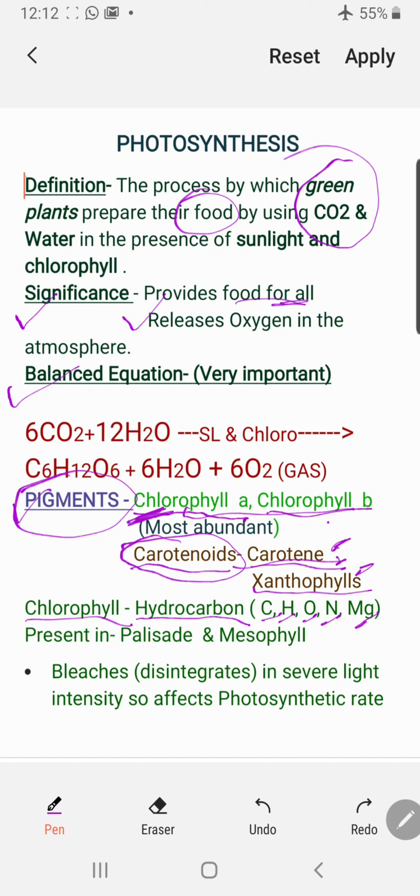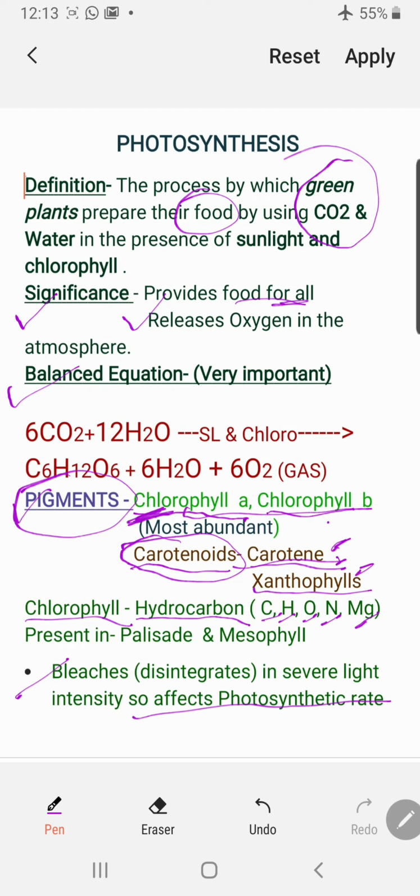Right, children? And for this video, the last topic here, it's just a note. If you see that chlorophyll bleaches or disintegrates or breaks down in severe light intensities, thereby affecting the rate of photosynthesis, you need to understand that the molecule becomes unstable when scorching heat or severe light intensity falls on it.